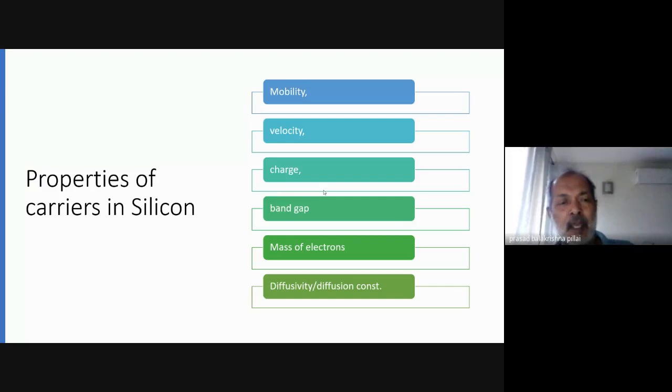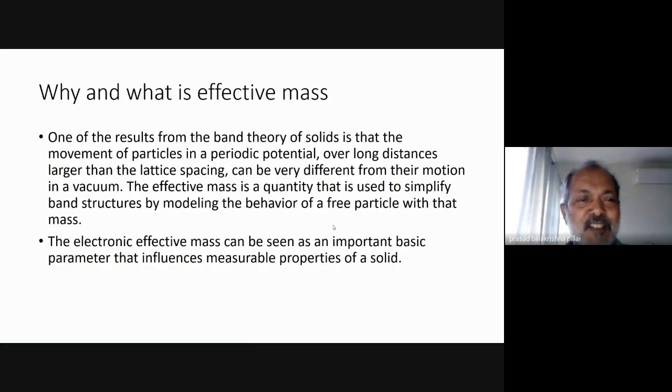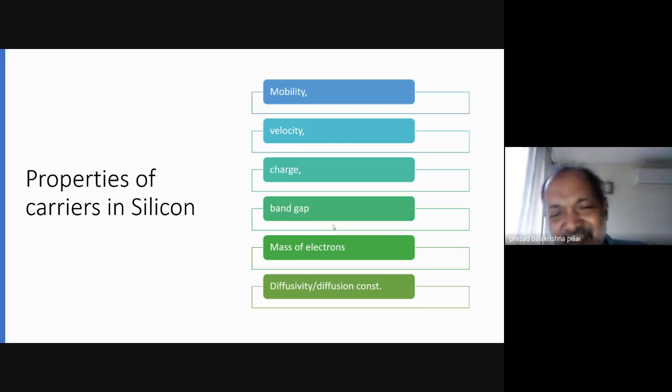So the mass of these carriers is very important as far as diffusivity, mobility, etc. Mobility in turn will decide the velocity, actually. So we look into the mass of electrons. Now the question comes: why do we need to consider the electron mass? It is known from the time of J.J. Thomson.